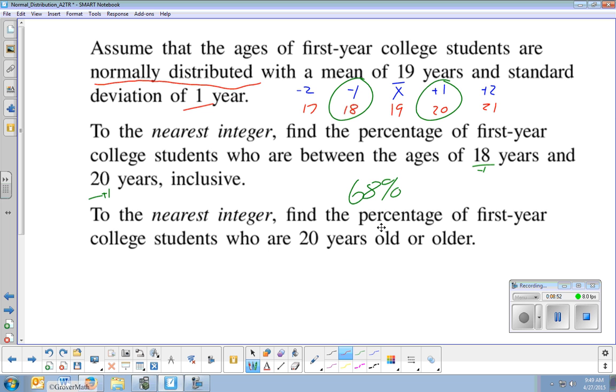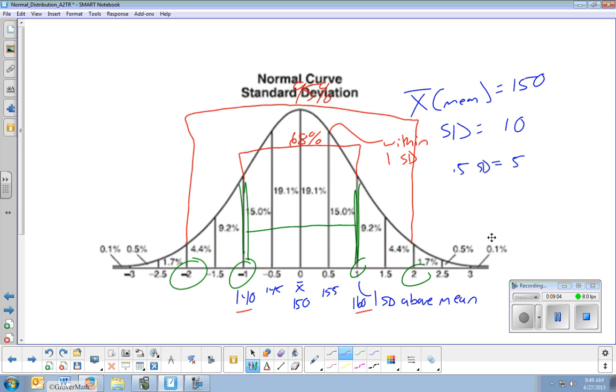To the nearest integer, find the percent of first-year students who are 20 or older. So 20 is at the plus 1 mark. Or older is basically saying, we got the 20 at the plus 1 mark, what percentage is there and up? So now we're asked to add up all of these.